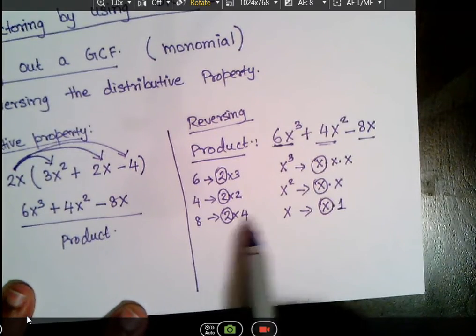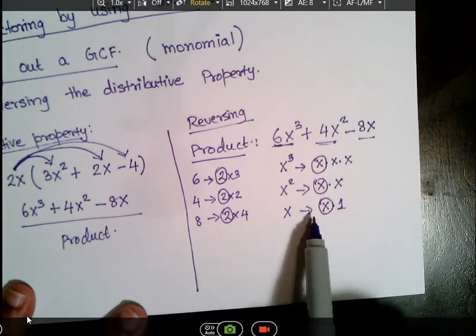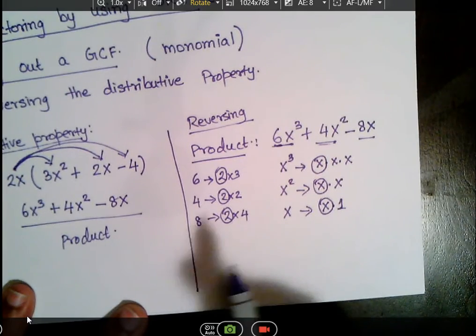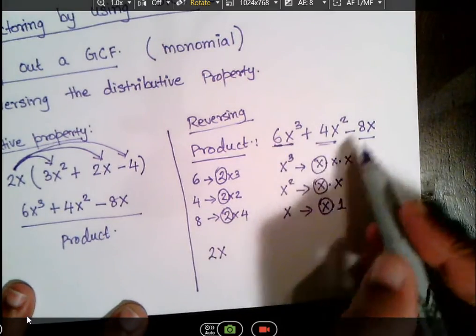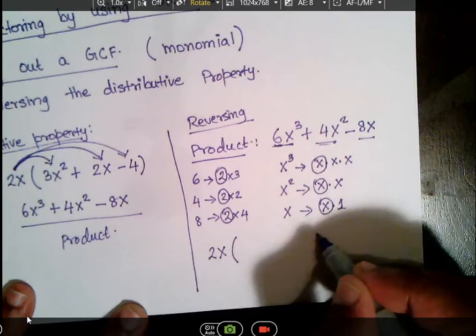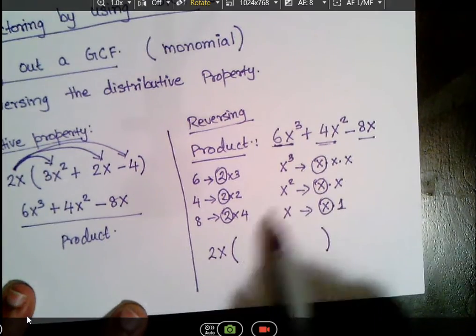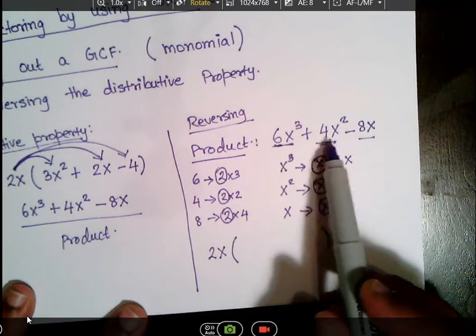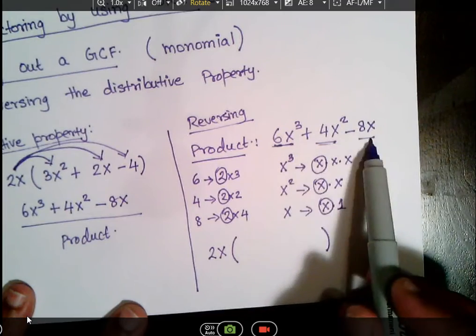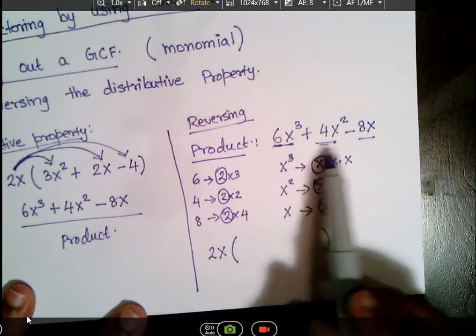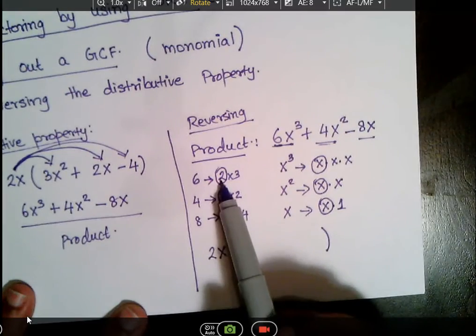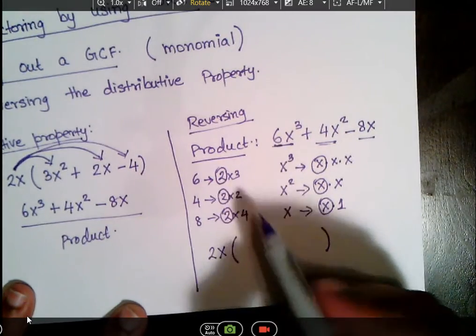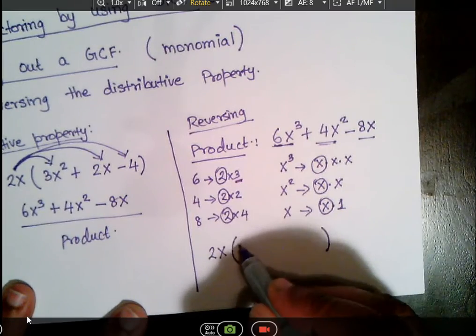So 2 and an x together, I'm going to pull those factors out. So 2x is what I'm pulling out of these three terms. So I have to write the other factor. What is left? Once I pull out a factor of 2x from all these three terms, what is left of these three terms? So when I pulled out a factor of 2 from the number 6, I am left with a 3.